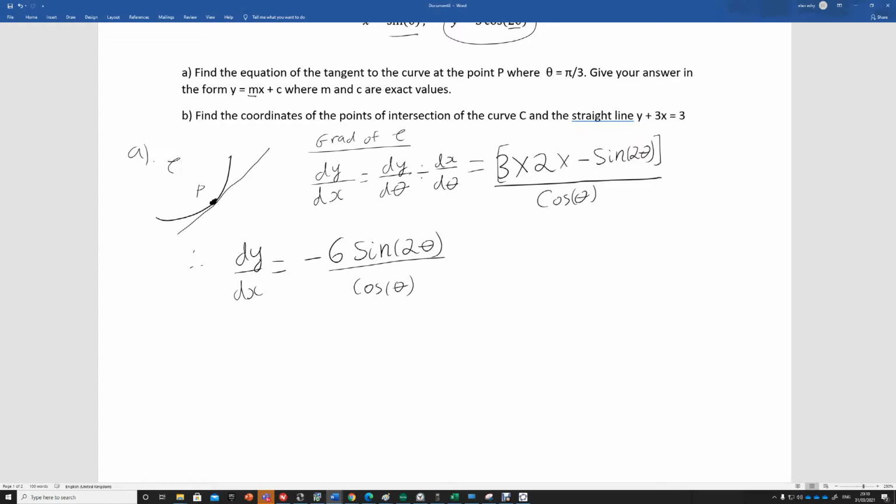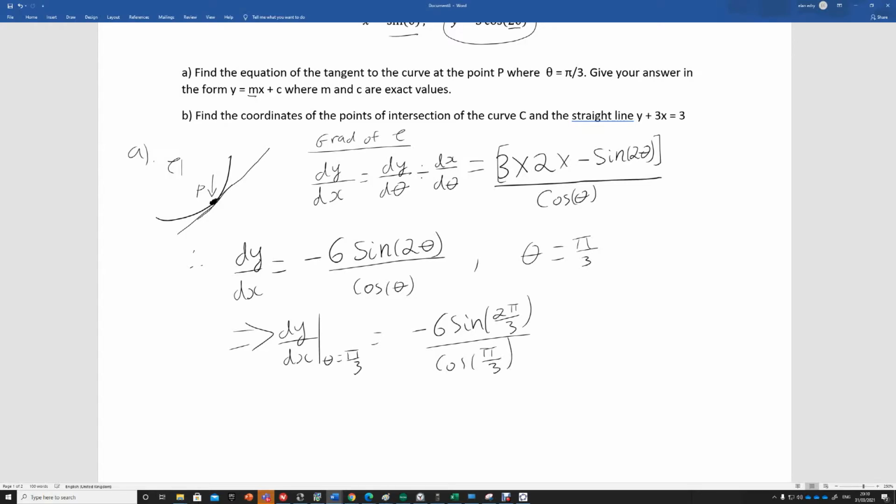Now, when theta is pi over 3, we will have the gradient at the point P, so the gradient at this point here. So dy by dx when theta is pi over 3 is going to be minus 6 sine of 2 pi over 3 over cos pi over 3.